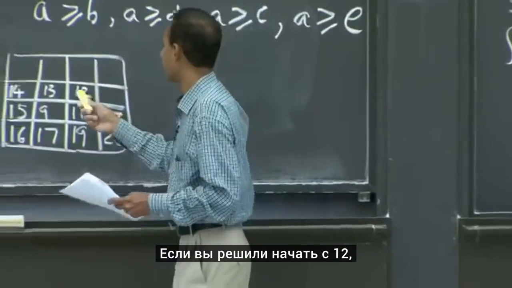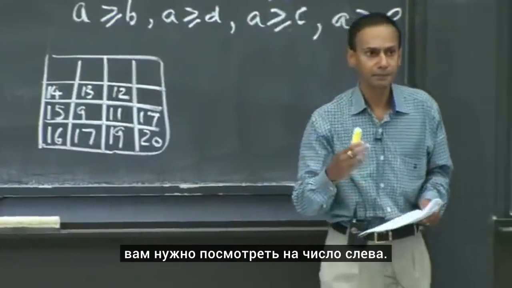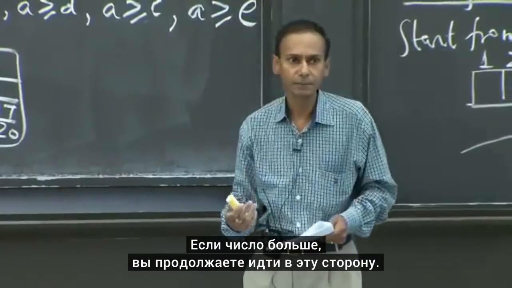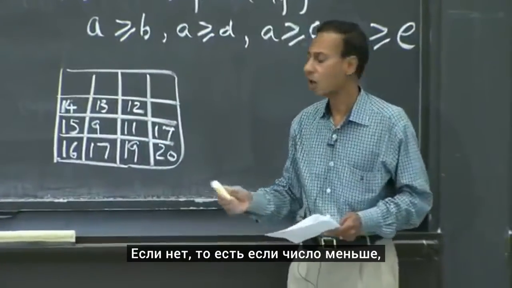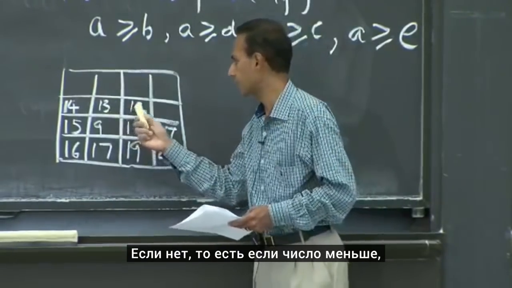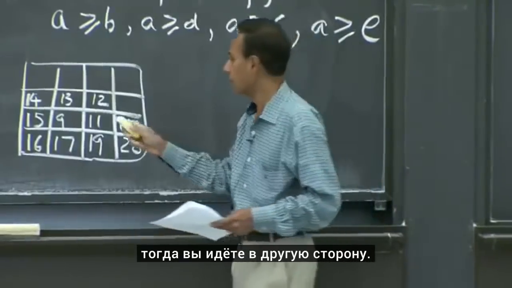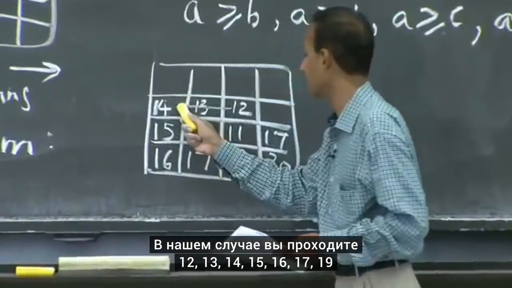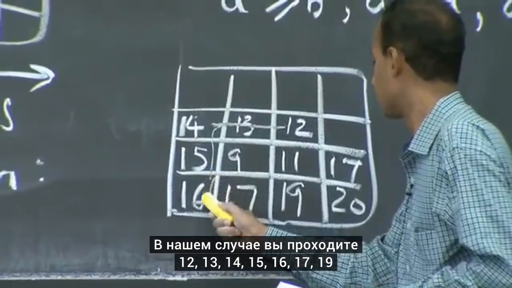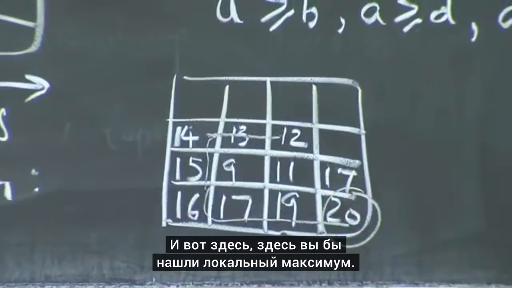And so if you say you want to start with 12, you're going to look for something to your left, and if it's greater, then you're going to follow that direction. If it's less, then you're going to go in the other direction in this case. So in this case, you'll go 12, 13, 14, 15, 16, 17, 19, and 20, and you'd find this peak.